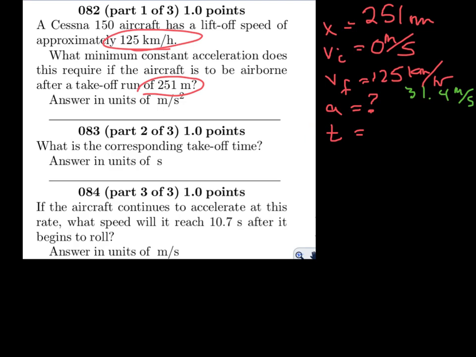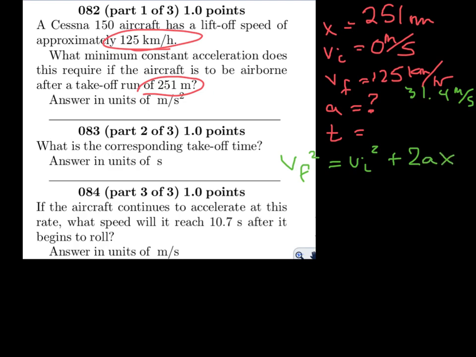But now here's what I say. Find an equation that doesn't have time in it. Because there's only one equation that doesn't have time in it. Pause the video, go look. The only equation that doesn't have time in it is v final squared equals v initial squared plus 2ax.